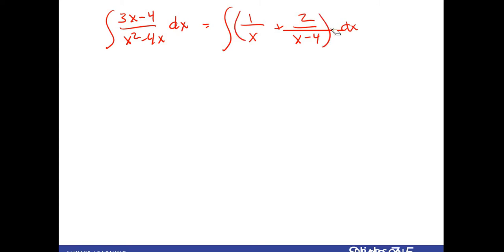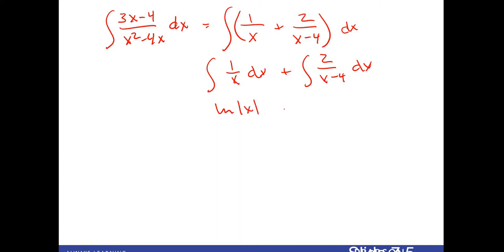Now I can separate this and take the integral of 1 over x dx plus the integral of 2 over x minus 4 dx, and this becomes ln of x plus 2 times ln of x minus 4 plus c.